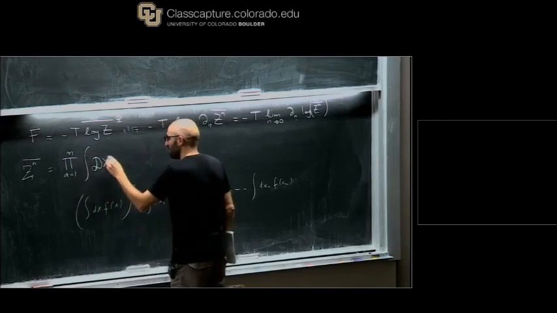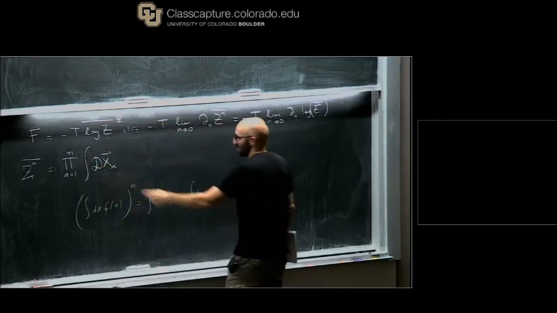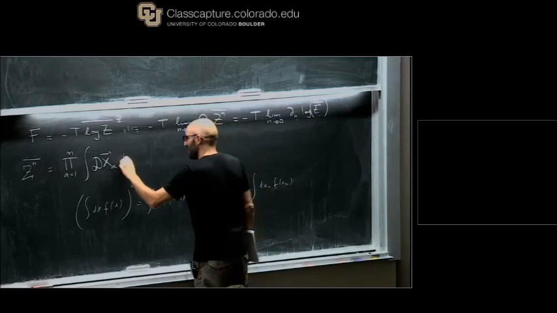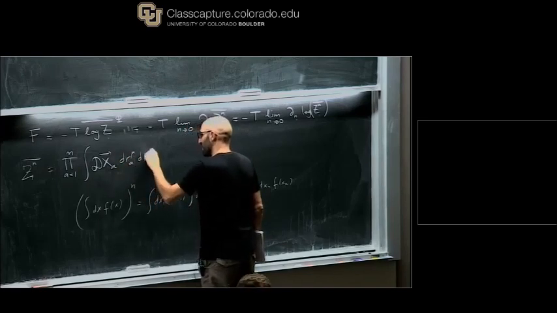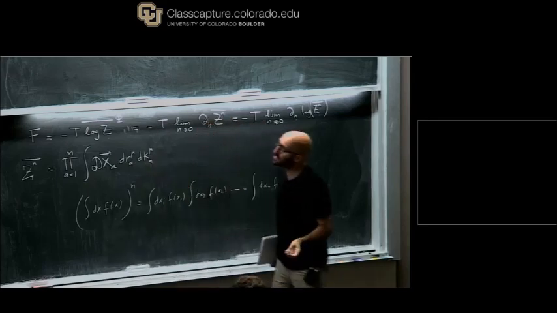So I will have some x_a, then I have this r_mu with an index a, and I have k_mu with an index a.